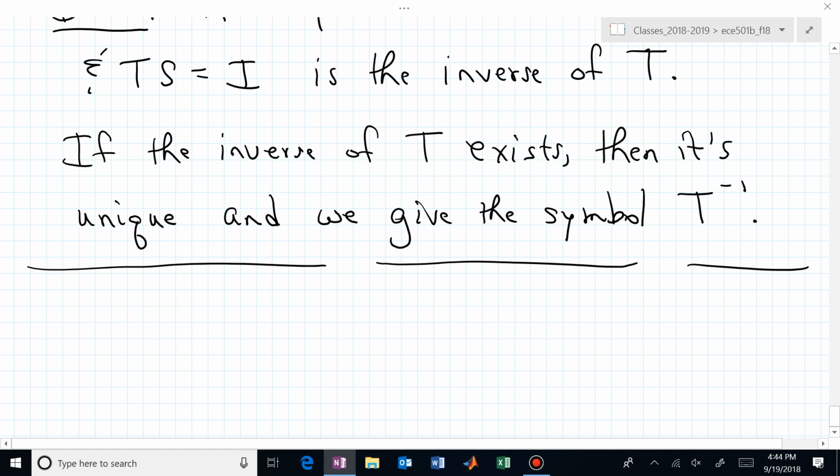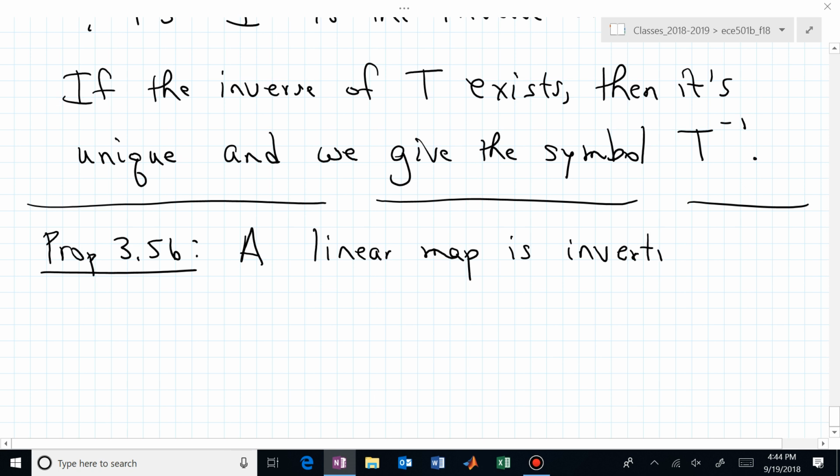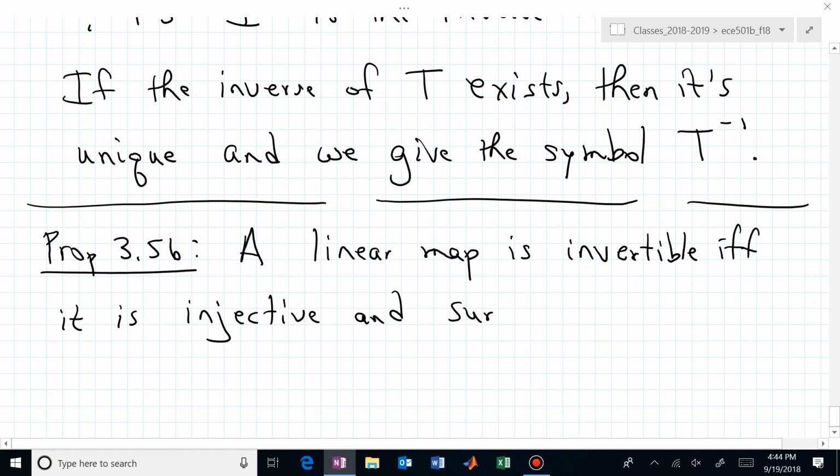Now let's look at a proposition dealing with linear maps that have an inverse. Proposition 3.56. A linear map is invertible if and only if it is injective and surjective.